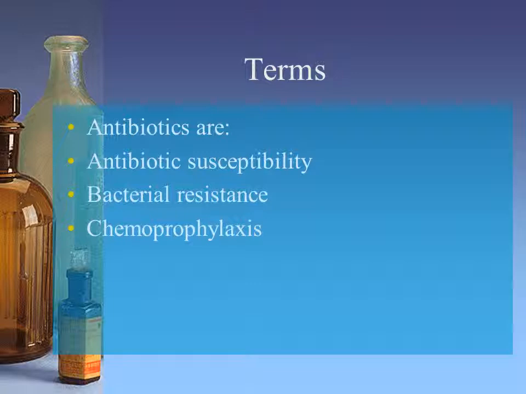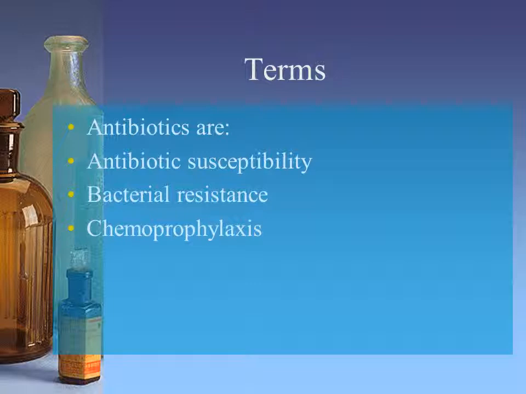The second term that we need to look at is that of bacterial resistance. And bacterial resistance occurs through mutation. What happens is the bacteria get exposed and they start to mutate so that the antibiotic cannot kill it as it regenerates.